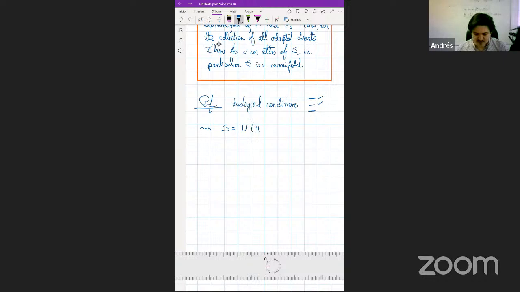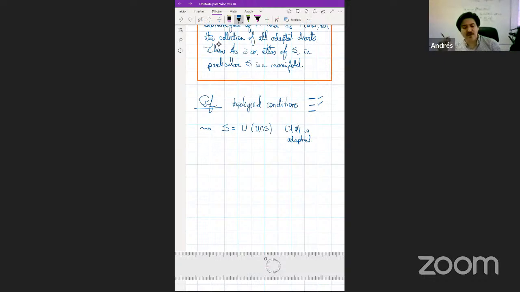And this we already do. We have this, because S is a regular submanifold.